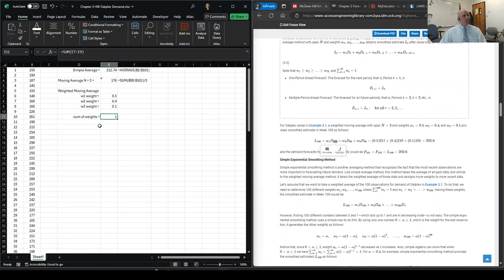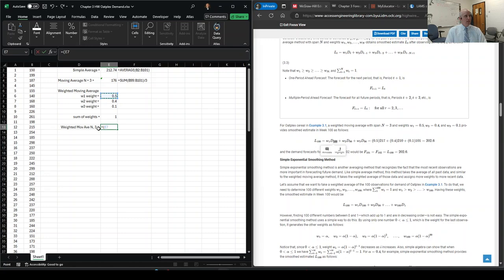If we did this with the weights, and we said, okay, given this weighted moving average, what would be our new forecast? So this is weighted moving average for 3. What we would do is we're doing the sum product.